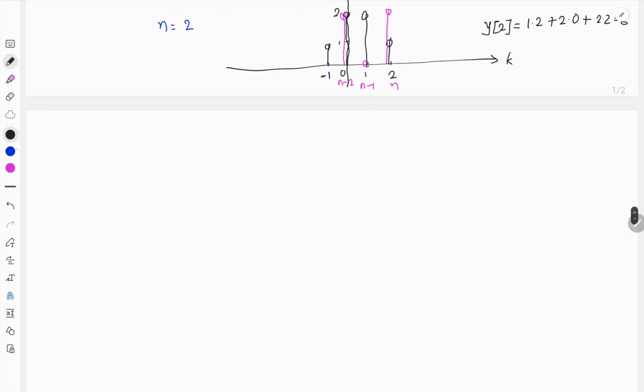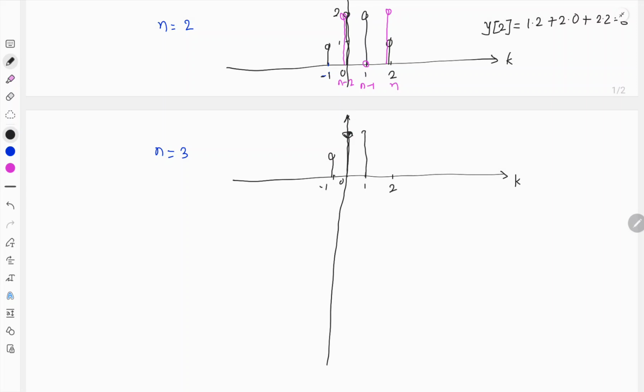Similarly, increment the value of n. Now n is equal to 3. So first of all, we will draw x signal again. And then we will draw value of h of n minus k. Now n is 3, so I need to mark this point 3.